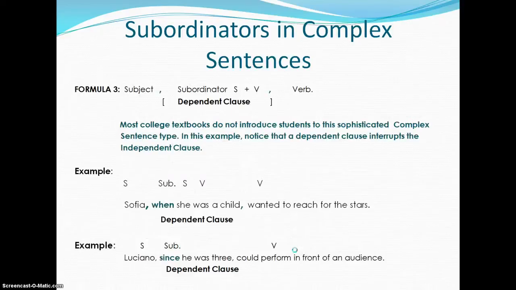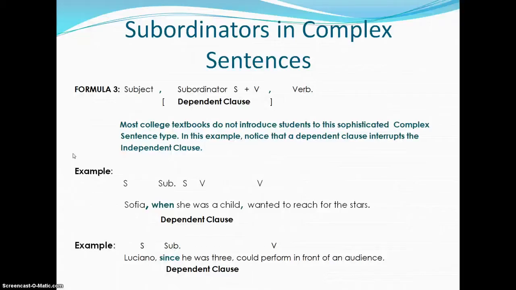So we have a third formula. Most college textbooks do not introduce students to this sophisticated complex sentence type. In this example, notice that a dependent clause interrupts the independent clause. I want to share this sentence type with you because as writers, we have all these tools that enrich our writing.